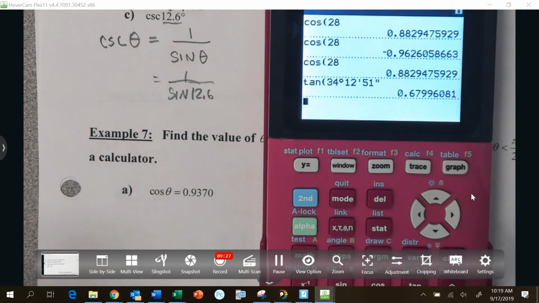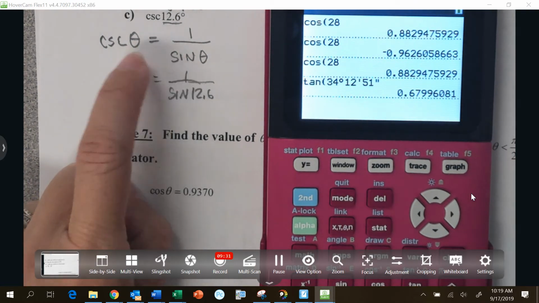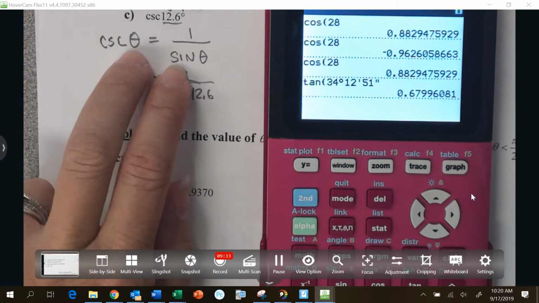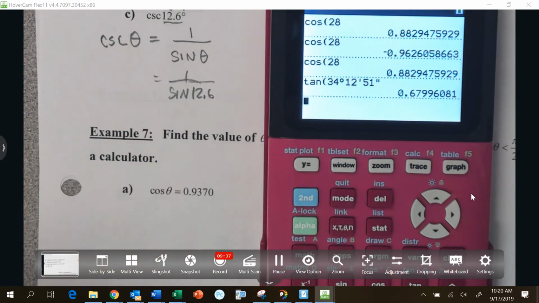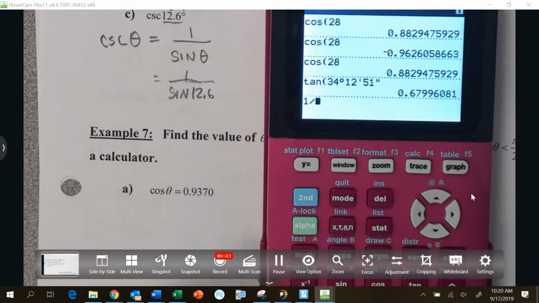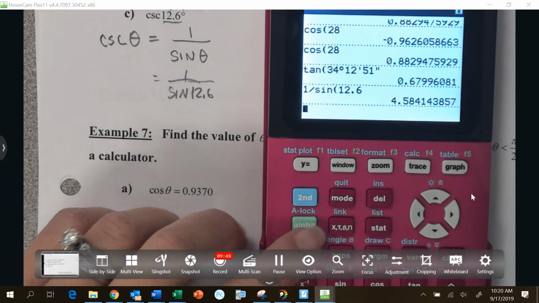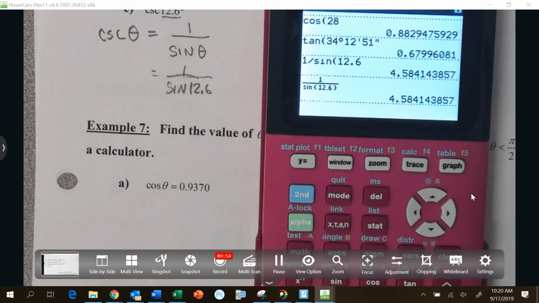And people forget what to do. So writing this first step as you're doing it in homework might be helpful, because then you will remember, rather than just typing in your calculator really fast. You'll have to remember what to do on a quiz or a test. So 1 divided by sine 12.6, or you could do alpha y equals 1 over sine 12.6, however you want to show your fraction.